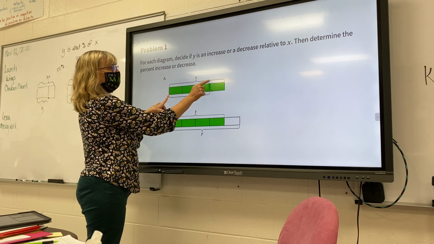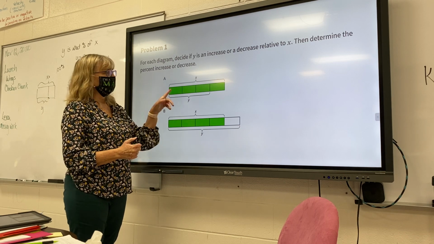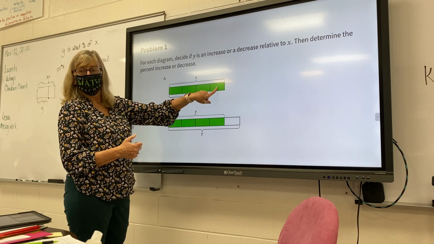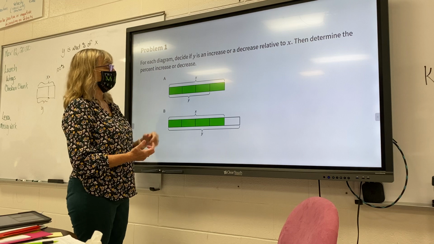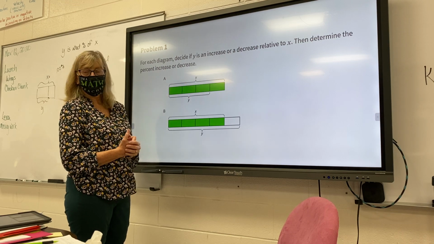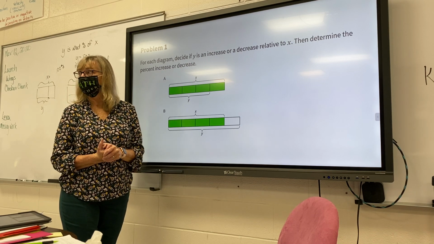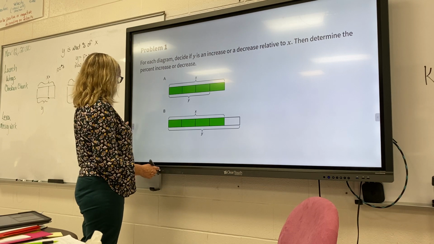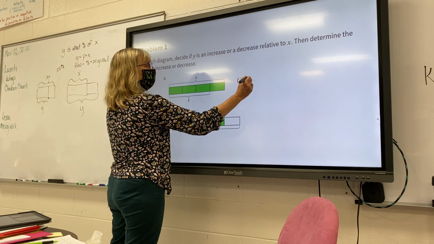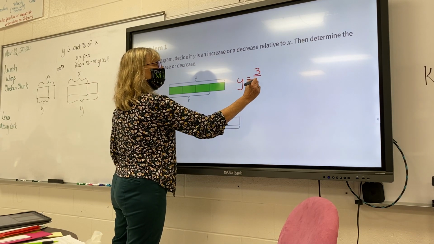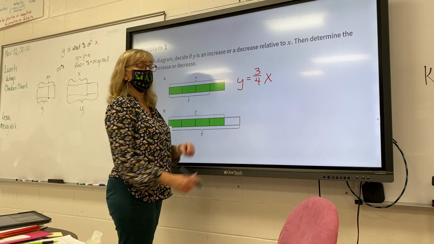X is always 100%. Y is less, so that's a percent of decrease. And if you look at it, we decrease by how much? 1/4 or 25%. So this would be Y equals 75% X or 3/4 of X or 0.75 of X. Because we talked last week, Monday and Tuesday, that Y is 3/4 of X. Then we learned to change 3/4 into a decimal.